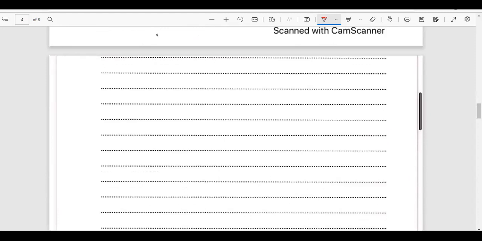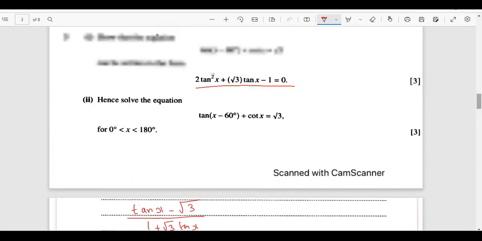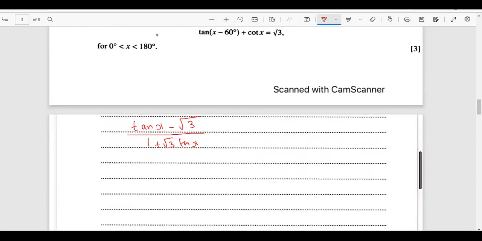So you would get tan x minus root 3 divided by 1 plus root 3 tan x, plus cot x. For cot x, I can write 1 by tan x because I do not have cot anywhere, and this is under root 3.